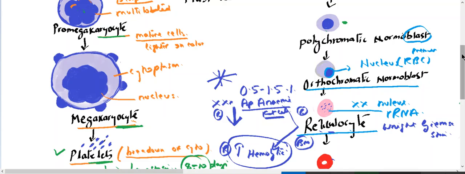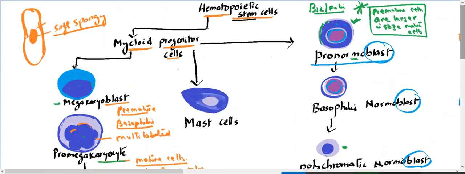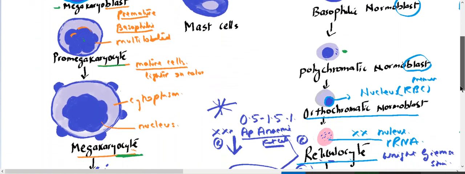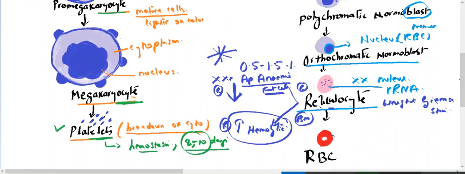Okay, so what we learned here, we see that the premature RBCs are the blasts, and the cells are bigger. Once they mature, they become smaller, and the nucleus is trying to come out of the RBC. That is orthochromatic, meaning it's trying to get the color of the RBC.